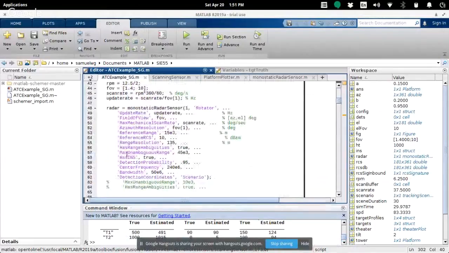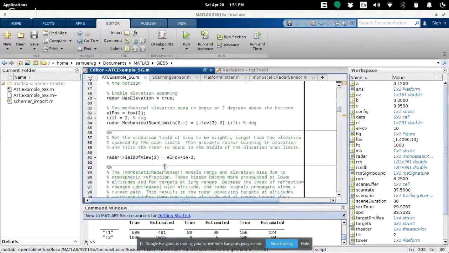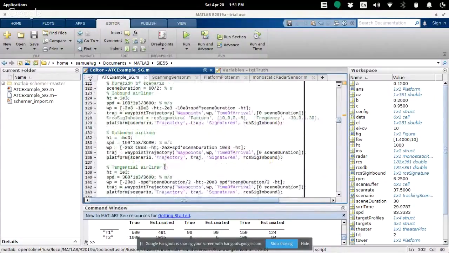As I said before, we changed a few things to get it working inside of the Class G airspace. Here are the three targets which we adjusted to be in that airspace, and one we actually left out because I want to show in the simulation how we detect the targets within the airspace, and we actually don't detect the one out of the airspace.